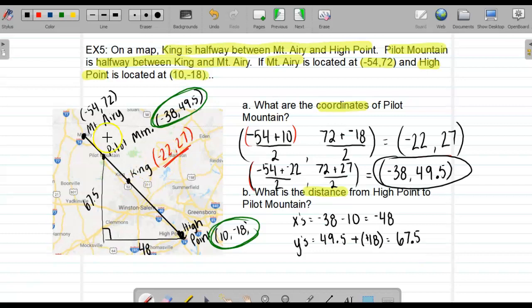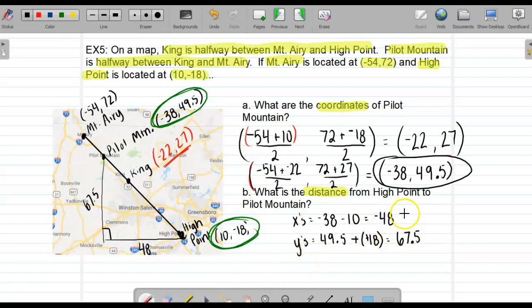Okay, if I have a right triangle like this and I want to find that missing side, what do I use? What is it, Olivia? Well, we're looking for the hypotenuse, but what formula do we use to find that? A squared plus b squared equals c squared. We use that Pythagorean theorem, okay?